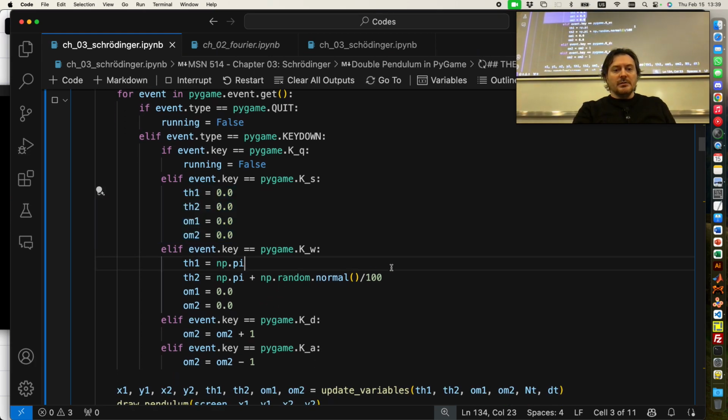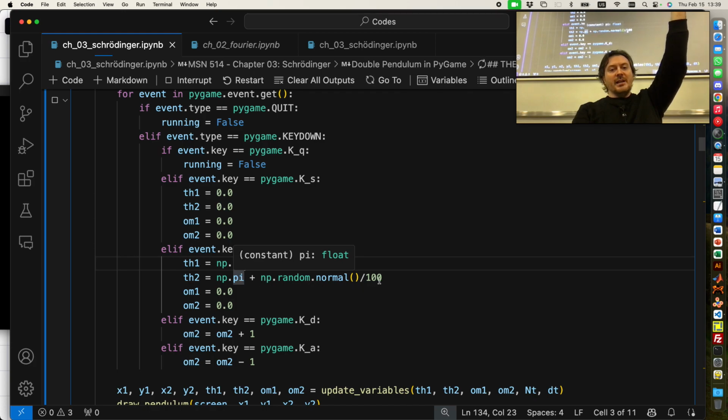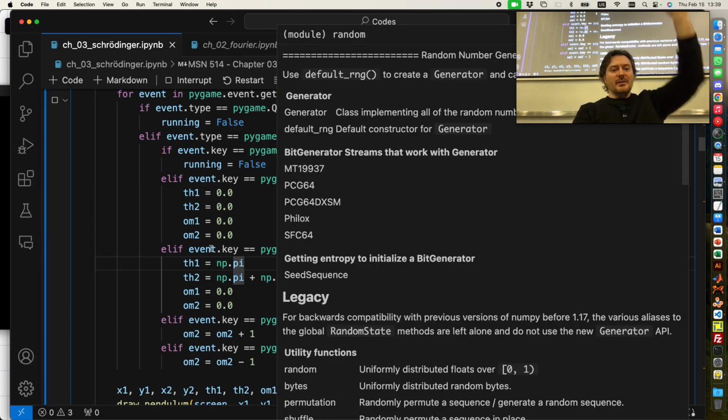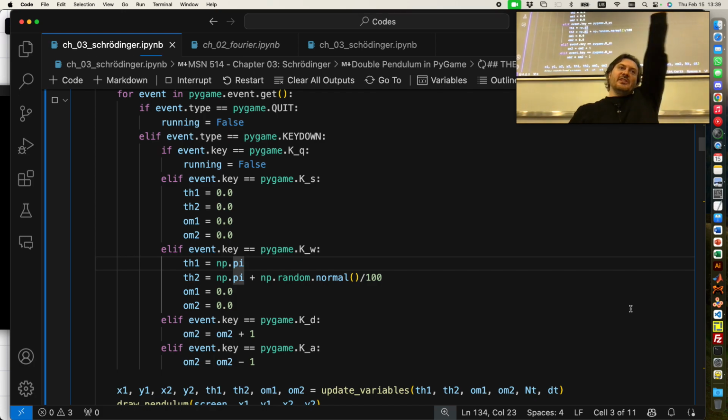If W is pressed, it becomes upwards, right? So you have pi, but then pi plus some random number, a bit of randomness, so that it doesn't just stay like that. It has just a bit of randomness so that it falls down. Does it make sense? Yes?